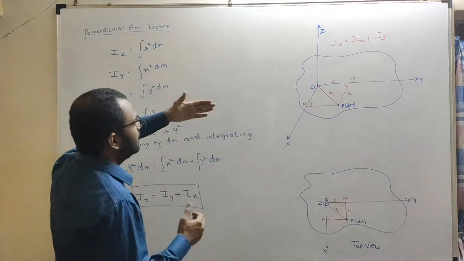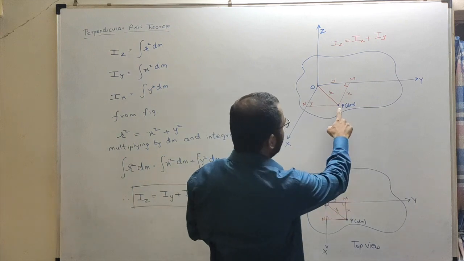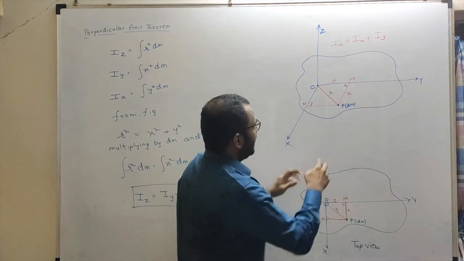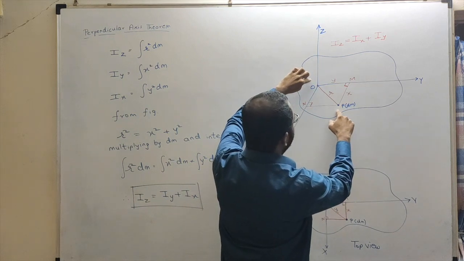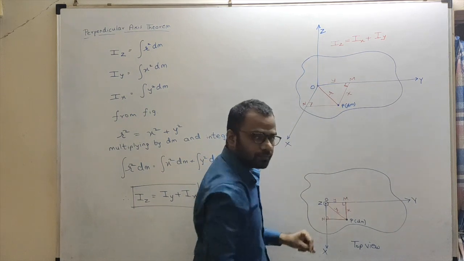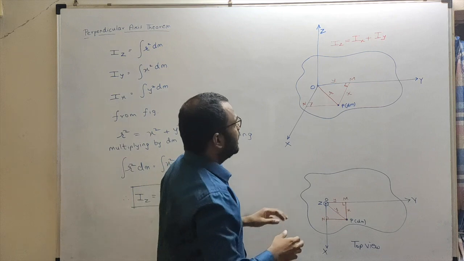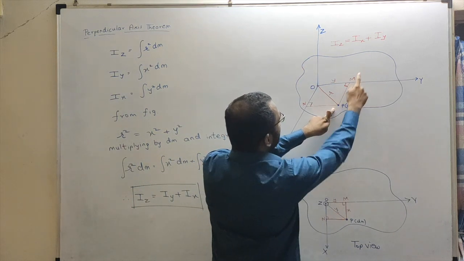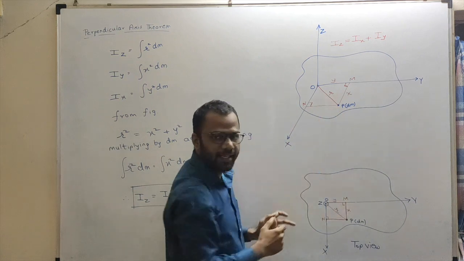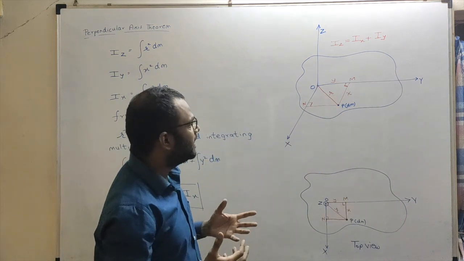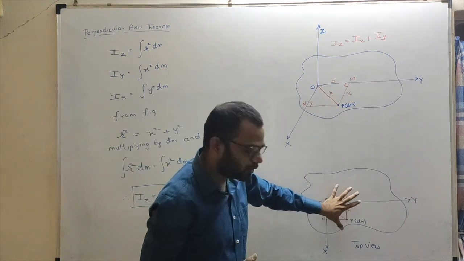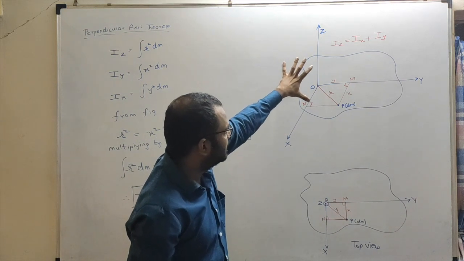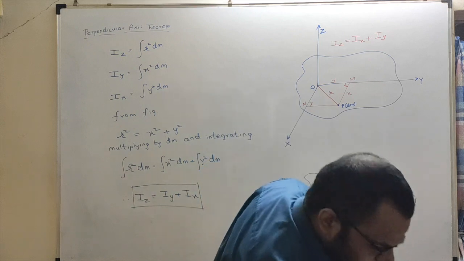Now as you can see over here, I have taken point P whose mass is dm, and if I join OP, it will itself be the perpendicular distance from the z-axis. Now from P I have dropped a perpendicular on the y-axis and on the x-axis. Okay, to make it easier, I have also shown the top view, because this is a three-dimensional figure.